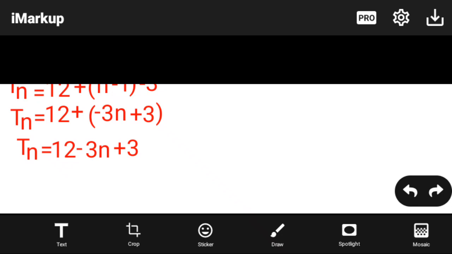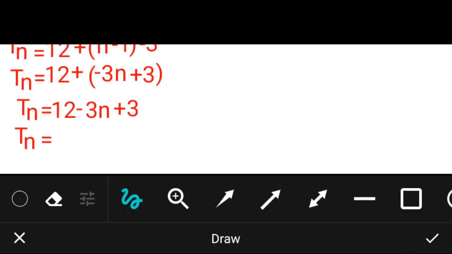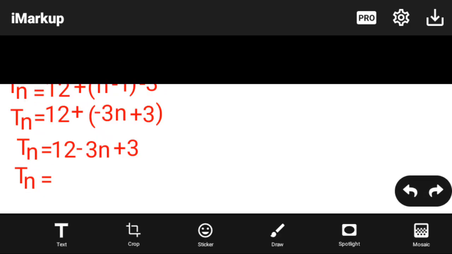We can say Tn, which is number of terms, is equal to, here you just have to gather the like terms. So you can see the 12 there doesn't have any variable. Equally, the 3 there doesn't have any variable. But this negative 3n here has a variable. So you need to pair it alone, and then you pair these two other numbers which do not have any variable together, so that you find the answer for that question.